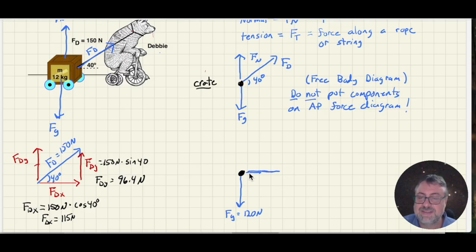So if I'm doing it to scale, Debbie's x force is just slightly smaller than the weight, so it should just be a little bit less. So this is the x part of Debbie's force, 115 newtons. Now let's add the y part of her force. That's 96.4 newtons.